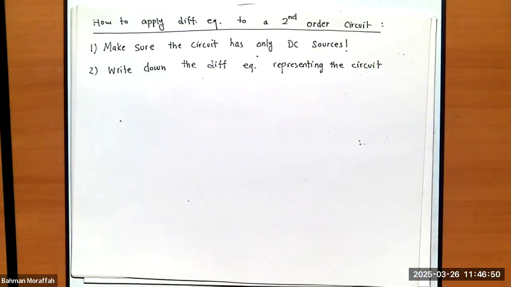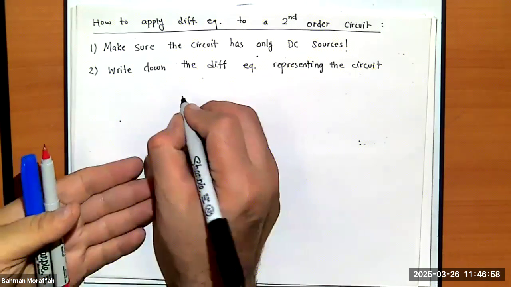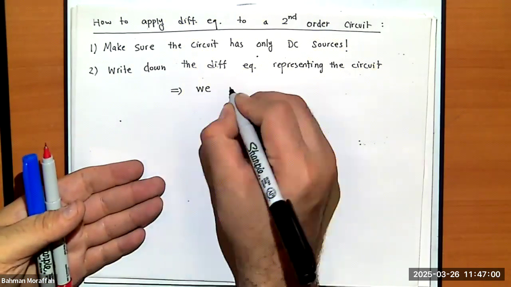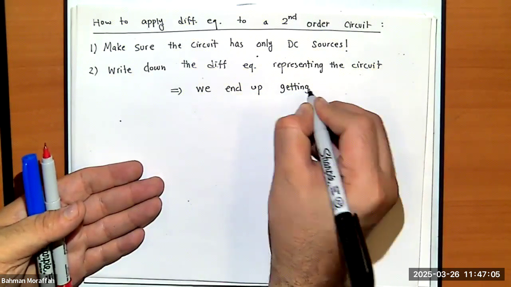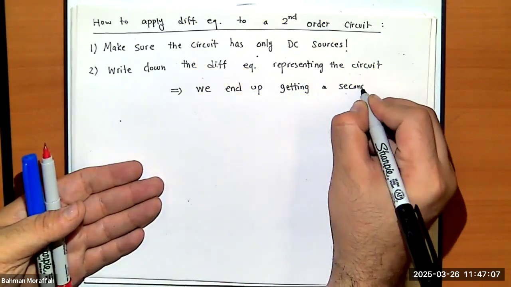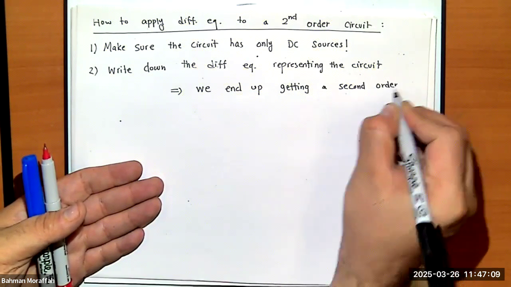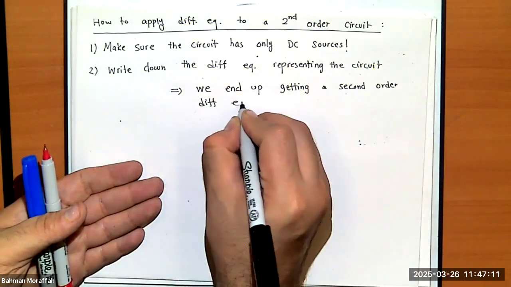And doing so, we're going to end up getting a second order differential equation, right? Because we have a capacitor and we have an inductor, right? So we end up getting a second order differential equation.